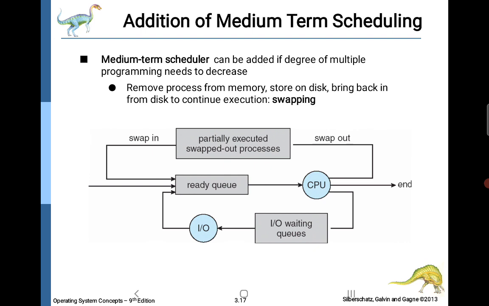So it swaps out waiting processes and swaps in partially executed processes. And these processes are kept in a small partition of the hard disk dedicated for swapping in and swapping out, which is even named swap in Linux.